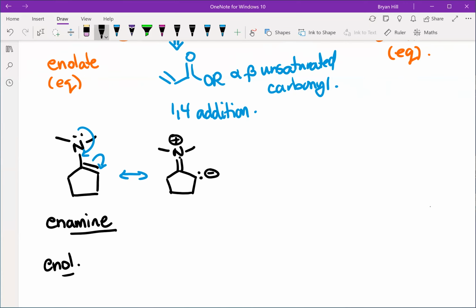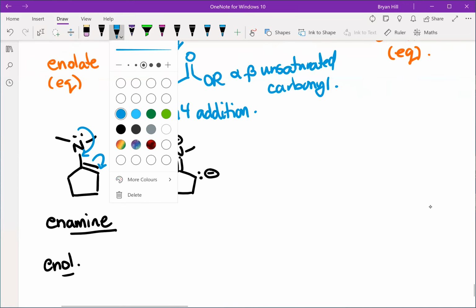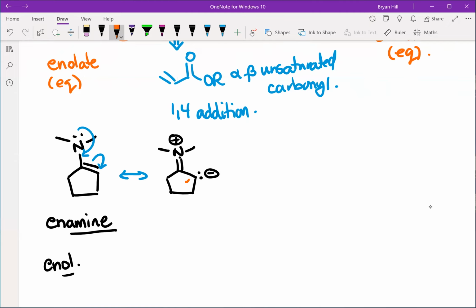Again, the alpha carbon has a negative charge. Enamines are less reactive than enolates, like let's say a lithium enolate. So it's relying on the nitrogen to push those electrons and have this as the reactive species. But it does actually work quite well, particularly for 1,4 addition.